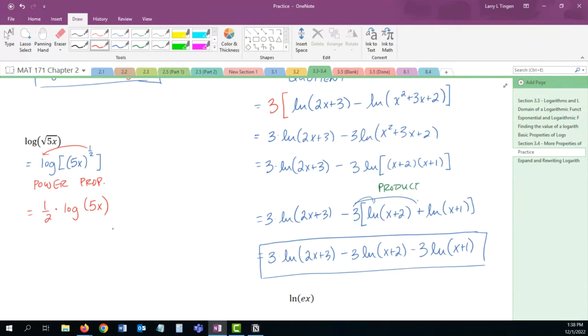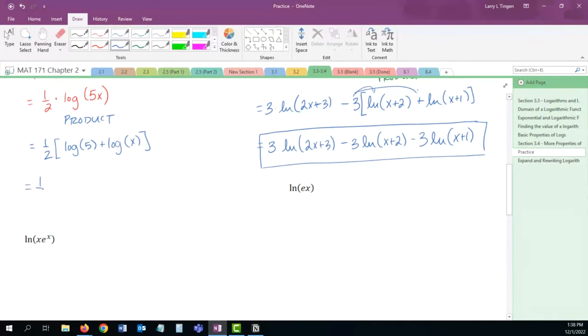So bring the 1/2 out front, and now I just have 1/2 times the log of 5x. Well, this is a product. It's 1/2 times the log of the first factor plus log of the second factor.